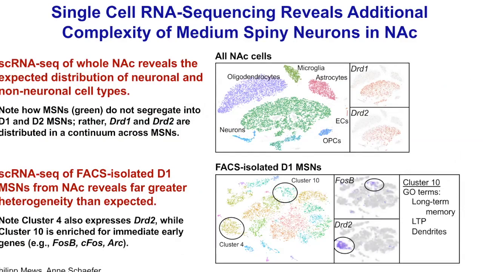But very interestingly, using standard single cell sequencing paradigms, the computer does not differentiate D1 and D2 medium spiny neurons. One can look at this broad group of cells colored green here and show which of them are expressing D1 receptors and which are expressing D2 receptors. And there's a broad distribution of both across this very similar population.